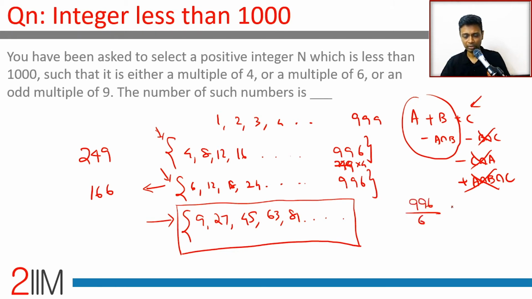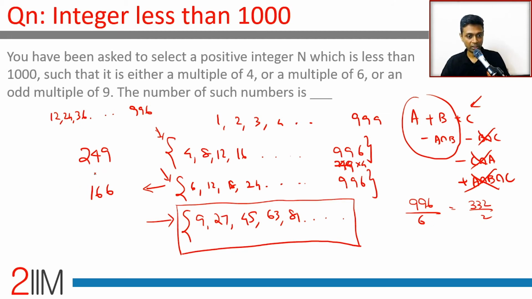996 divided by 6: divide by 3, 332, by 2, 166. And now we need to subtract the number of multiples of 12 sitting here. That is, we need to remove 12, 24, 36 all the way till 996. We need to do 996 by 12. 996 by 6 is 166, so 996 by 12 is 83.